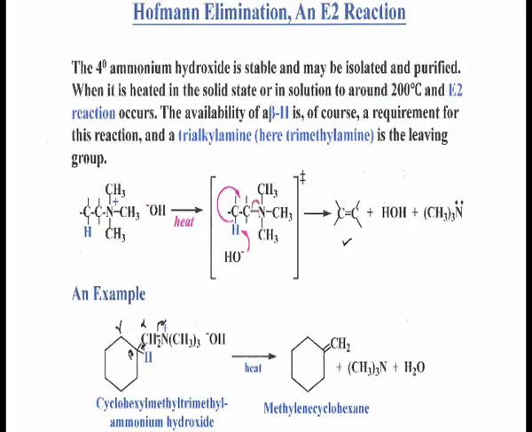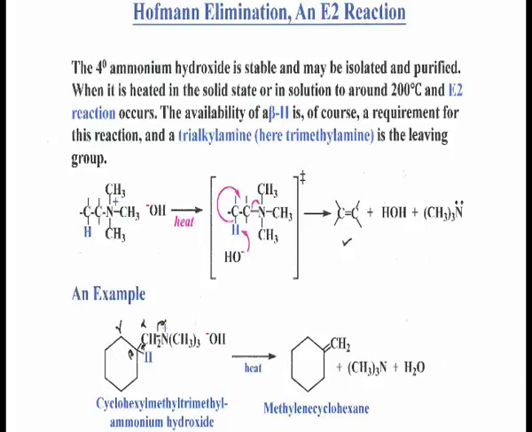I think you have seen this type of reaction where an alkene is being produced, and the difference here compared to the other things you have seen is that you usually get the alkene in the more substituted position, but in this case you are getting the alkene in the less substituted position. Why this difference?